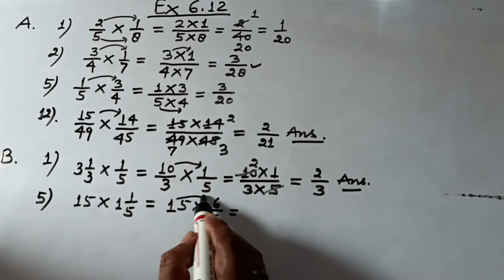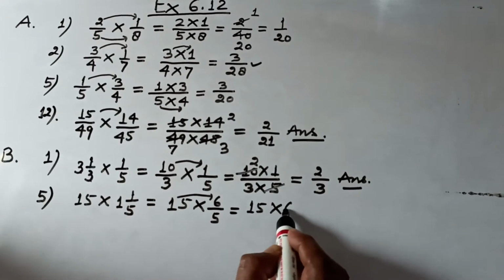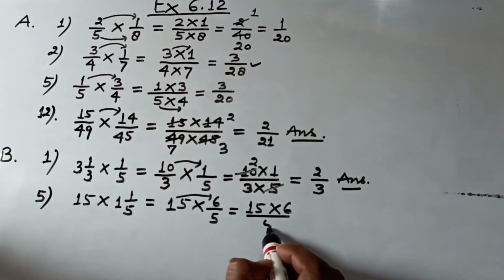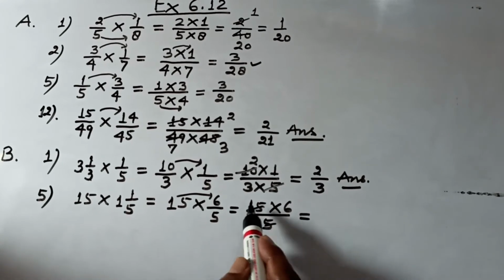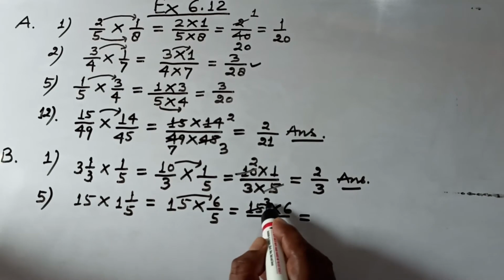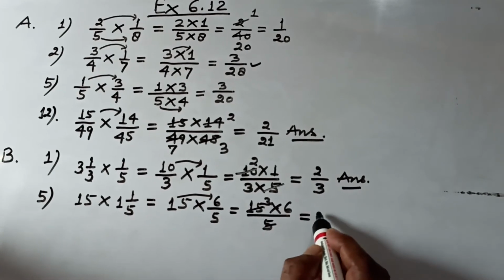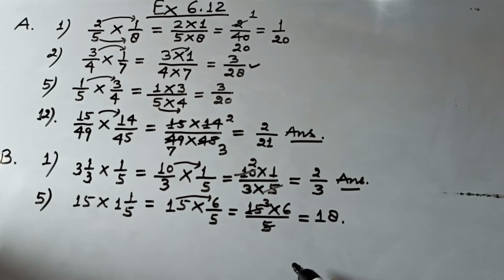Here also 15 into 6 upon 5. Here you see 5 can divide 15, 5 3s are 15, so 3 into 6, 3 6s are 18, so 18 is the answer.